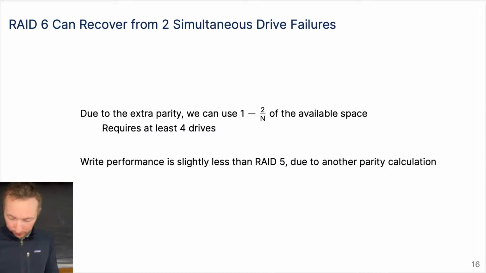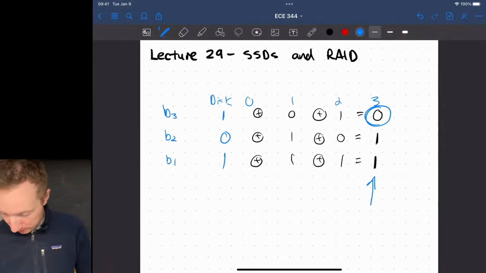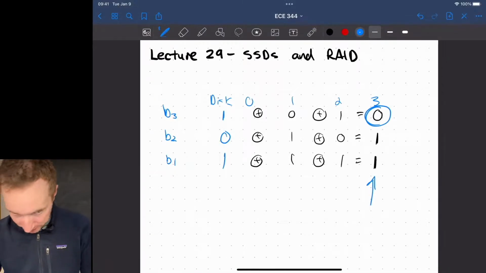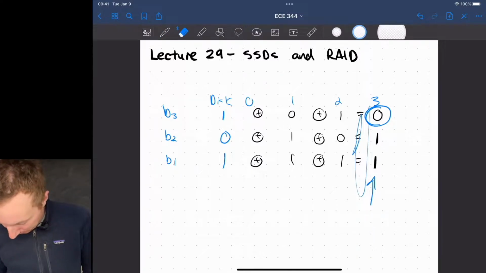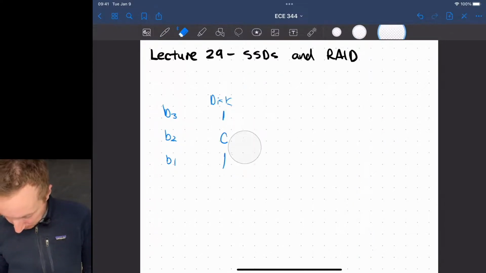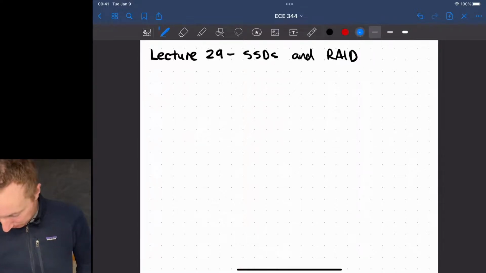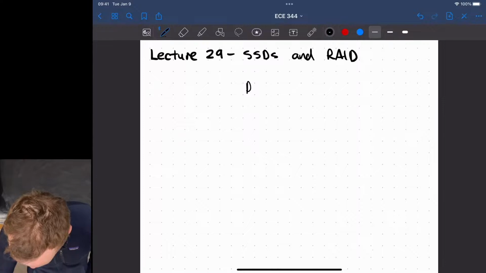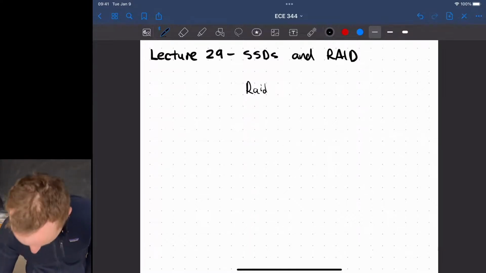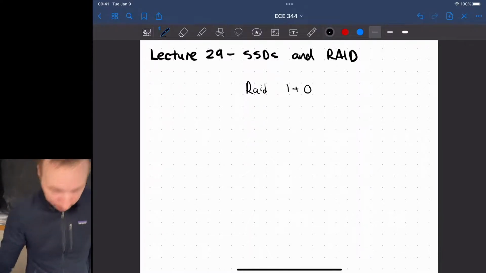Okay, so another thing you could do is something that's a combination of two levels, in the textbook. You can have something called a RAID 10, or sometimes it's called RAID 1 plus 0.